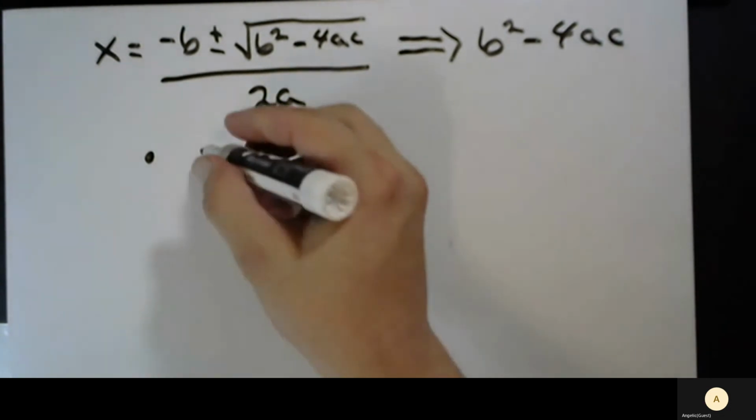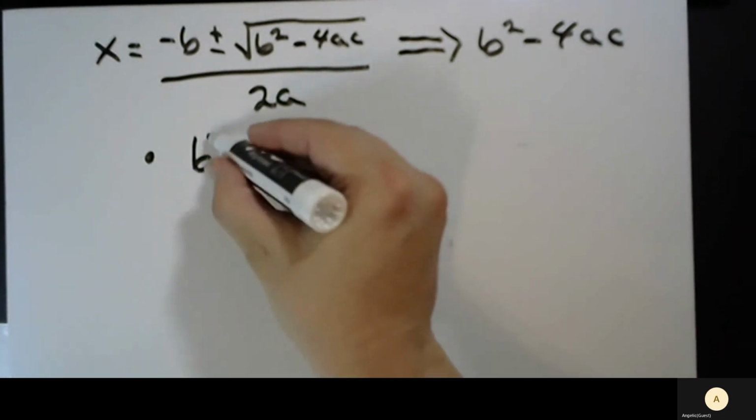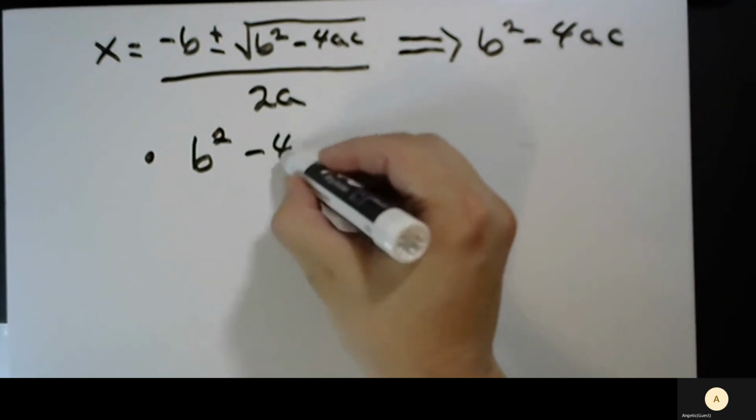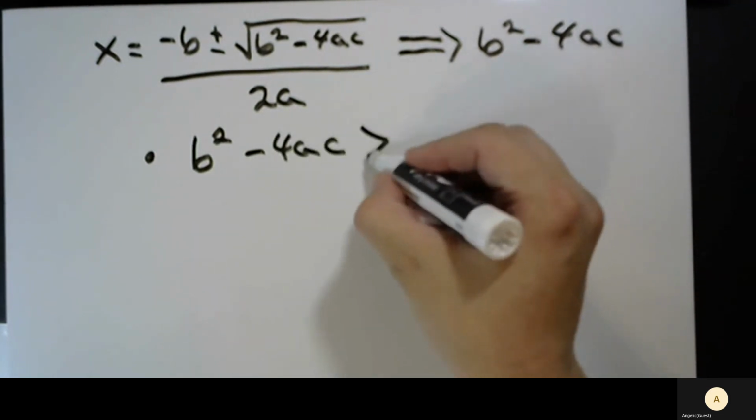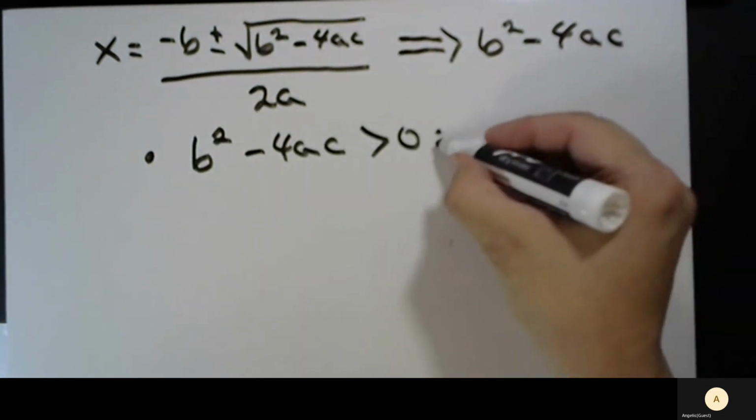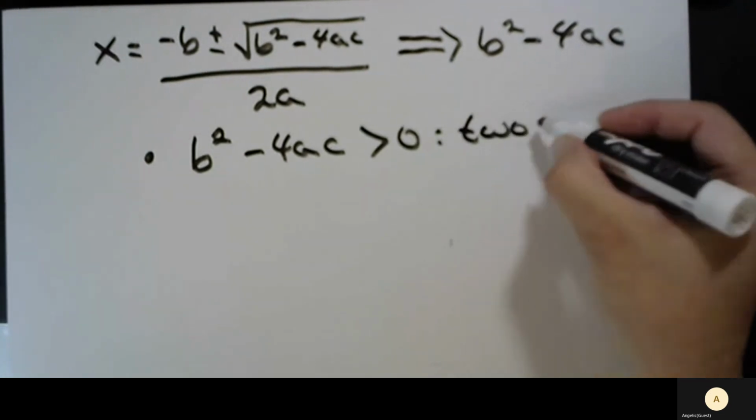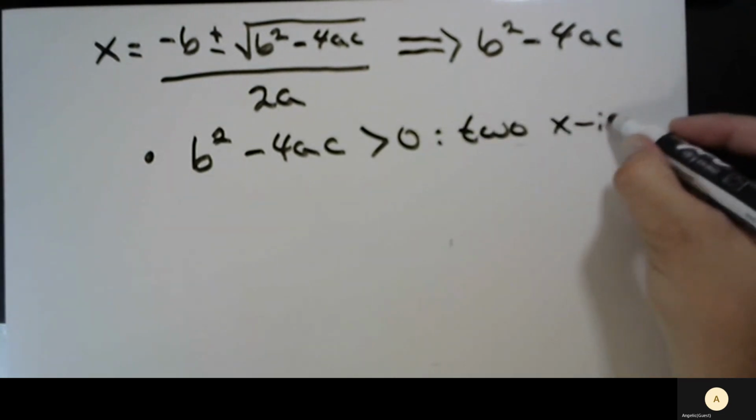So when this is greater than 0, there are two x-intercepts.